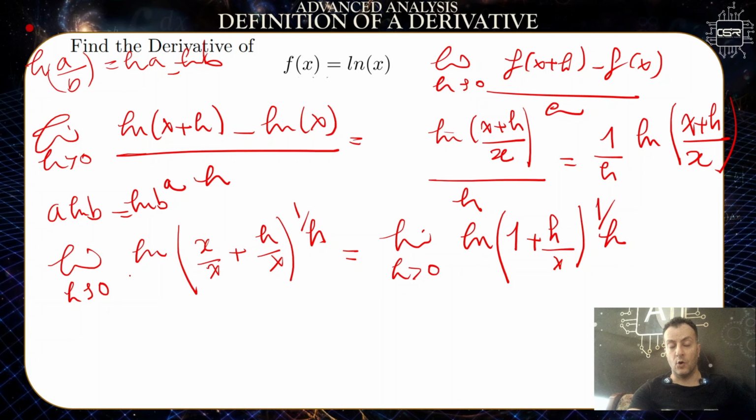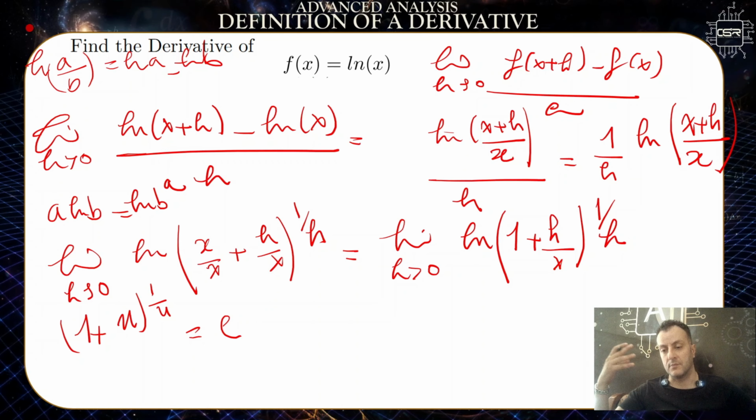Now, as a reminder for those who already know that, (1 plus u) to the power of 1 over u is equal to the exponential. Okay, so again, 1 plus something to the power of 1 over something is equal to e, which is the exponential.